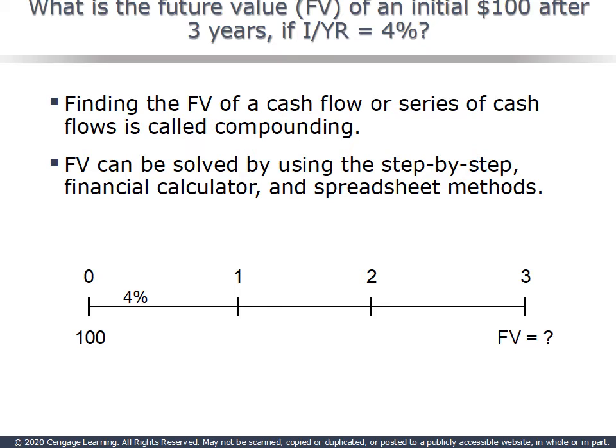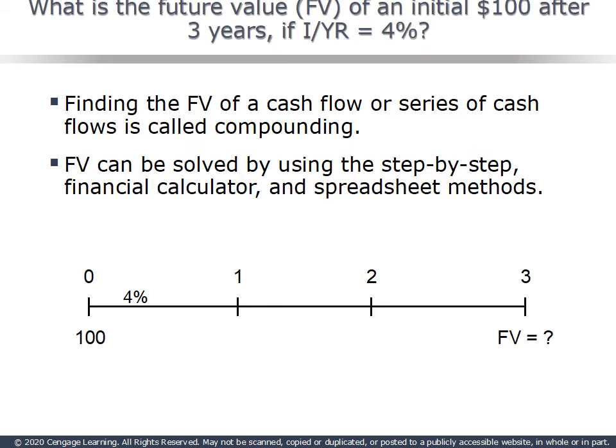Problem: we're asked what is the future value of an initial $100 after 3 years if the interest rate is 4%. So we have $100 in our possession right now today. We are going to invest it in an account that pays 4%. We're going to leave it alone for 3 years.